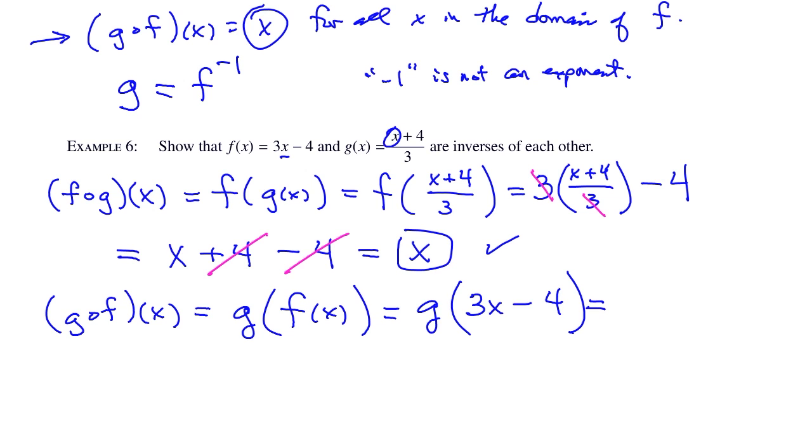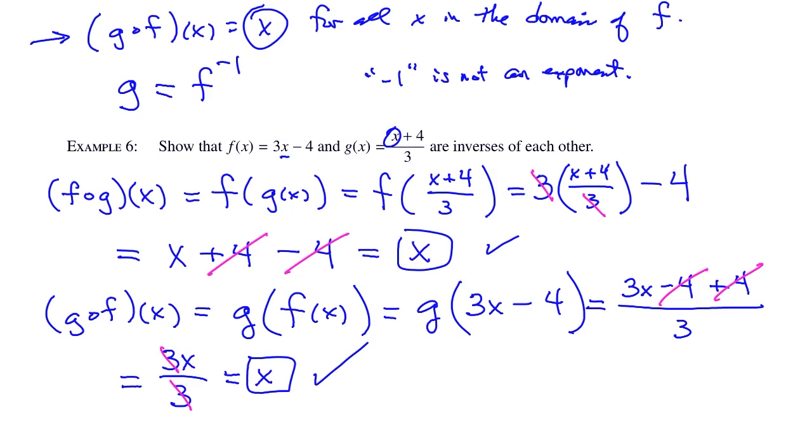The g function is x plus 4 over 3, so we're going to plug in 3x minus 4 in the x position, add 4, and divide by 3. You can see that the 4's cancel, leaving me with 3x over 3. And then if you have 3x over 3, the 3's cancel, and that leaves me with x.